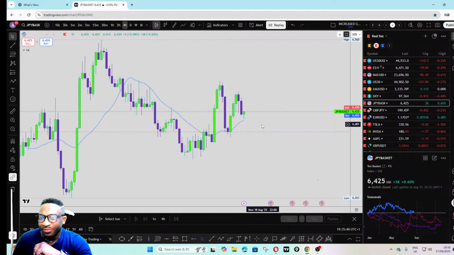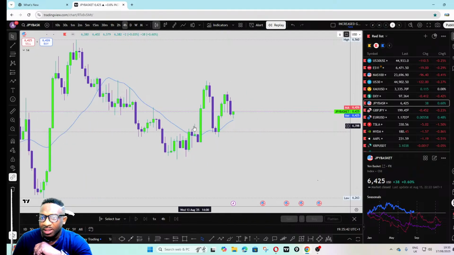On the 4-hour time frame, we can currently see we had this break of structure, price came back, tapped into it, and then pushed up. We haven't had a break. The most recent one we had is this one, which has already tapped into the origin and filled this imbalance. So the yen basket is more or less having an upward move.